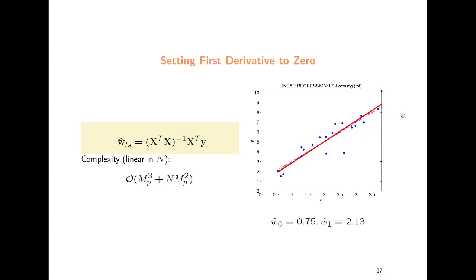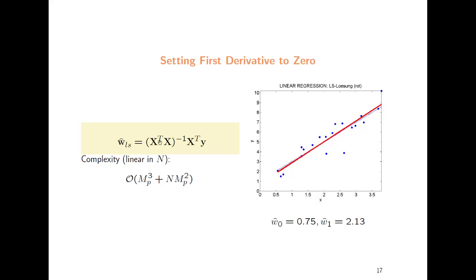So here's the one-dimensional case again. Here's the equation again. And the number of computations is on the order of the number of parameters to the power of 3.